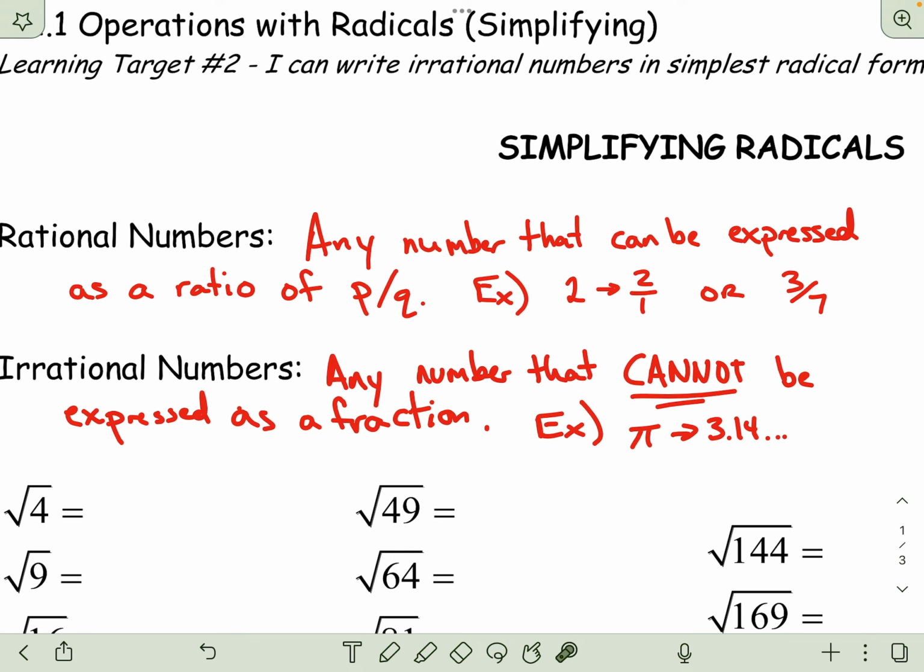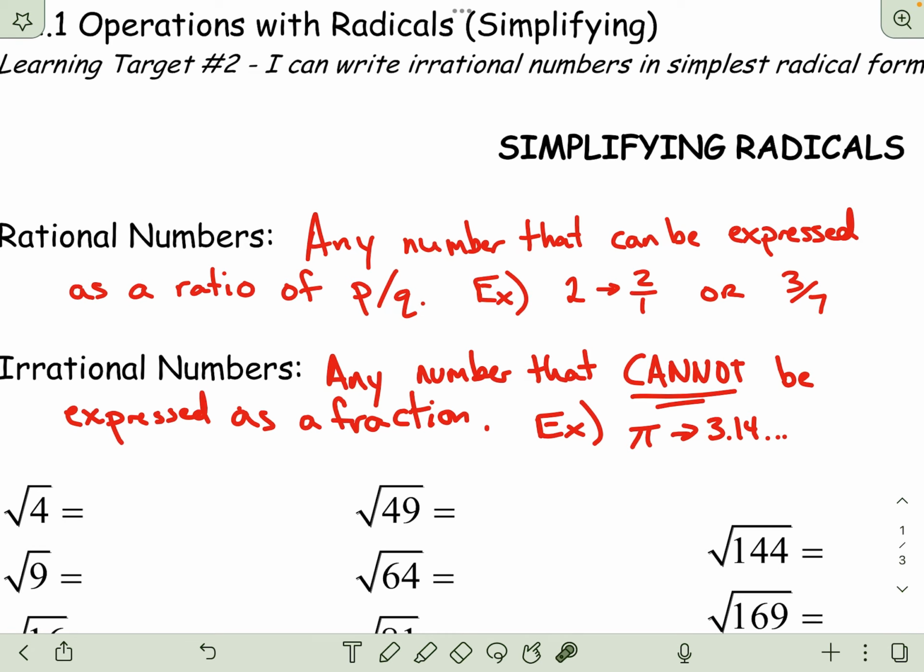So for example, the most popular one in all of mathematics is, of course, pi. Pi is written down typically as 3.14, which is a terminating decimal. However, the actual number that represents pi goes on forever and can't be written as a fraction.